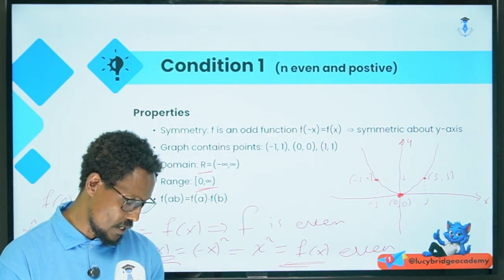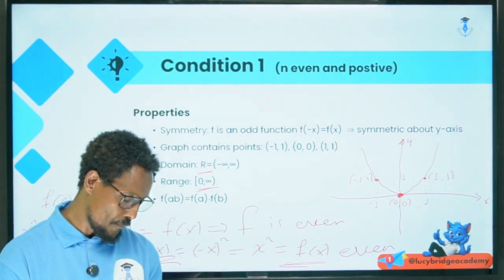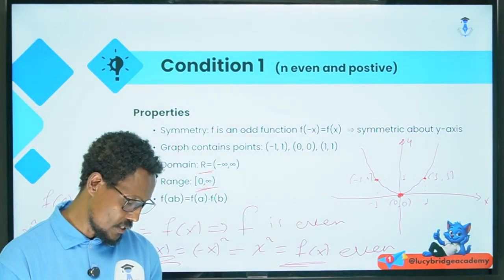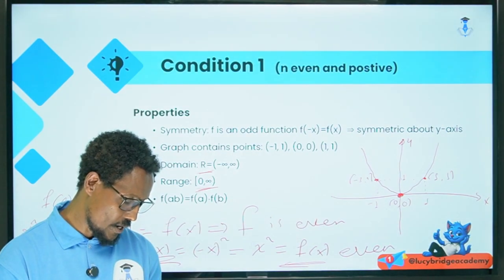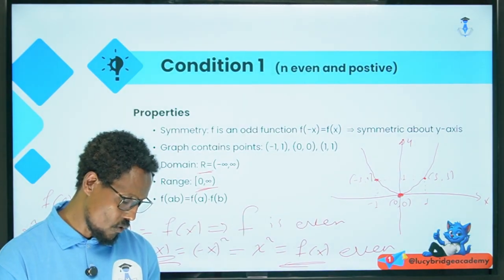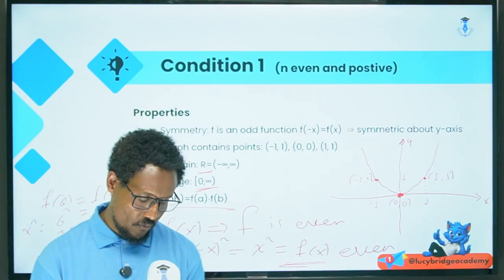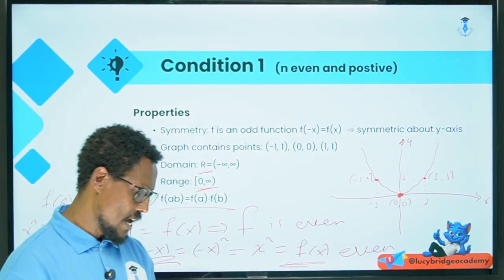Yes, 6 square is equal to f of 3, f of 3 means 3 square times f of 2, 2 square. Now 6 square is 36, which is equal to 3 square 9, 9 times 2 square 4, 9 times 4 is 36. Okay, that means 36 is equal to 36. Simply f of ab means f of a times f of b.